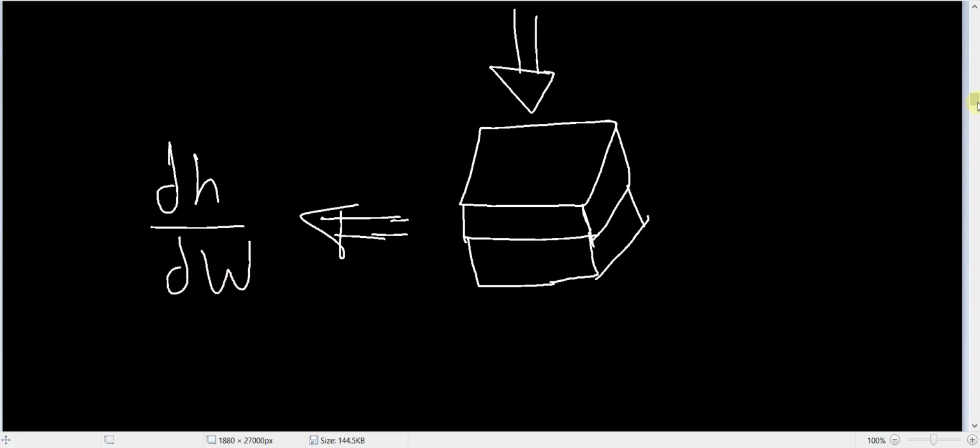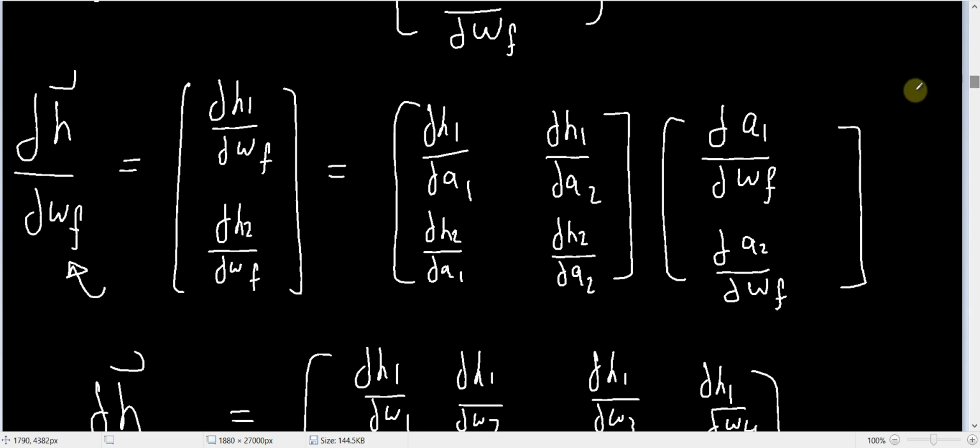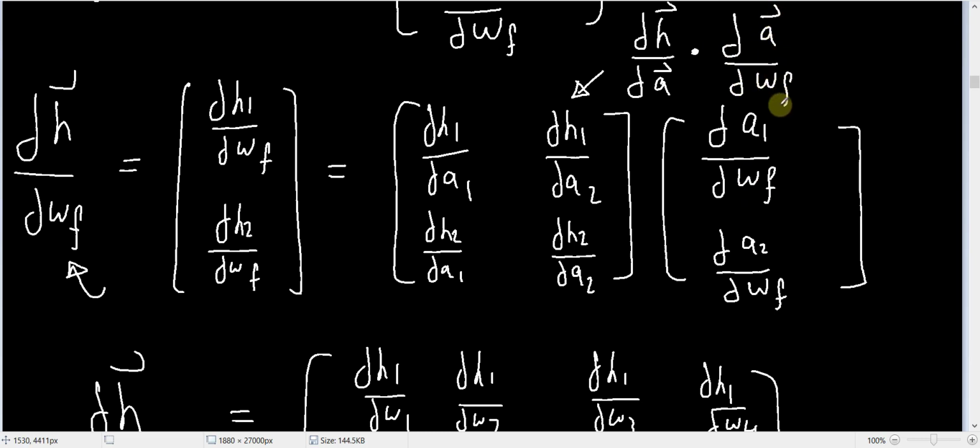So we can transform this to be the dH by dW unflattened very easily. Very well, let's also look at those. This matrix right here is actually the Jacobian. This is dH by dA, dH as a vector by dA as a vector. So this is dH by dA, and now this is equal to dA as a vector by dW flattened.